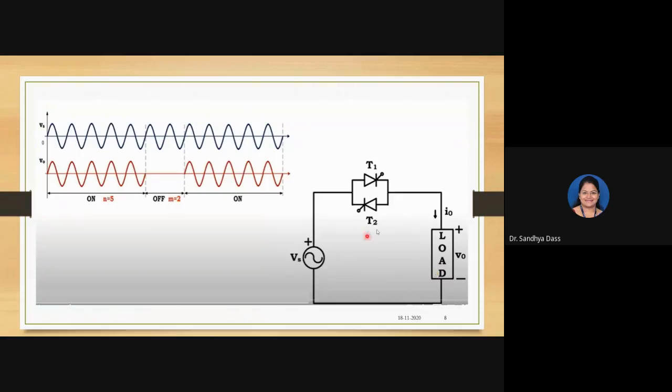Okay. So AC voltage regulators are used in situations or applications where you want to vary a fixed AC signal to a variable AC signal. Again, recall that there will be a difference in the average output signal, but there will not be any change in the frequency.